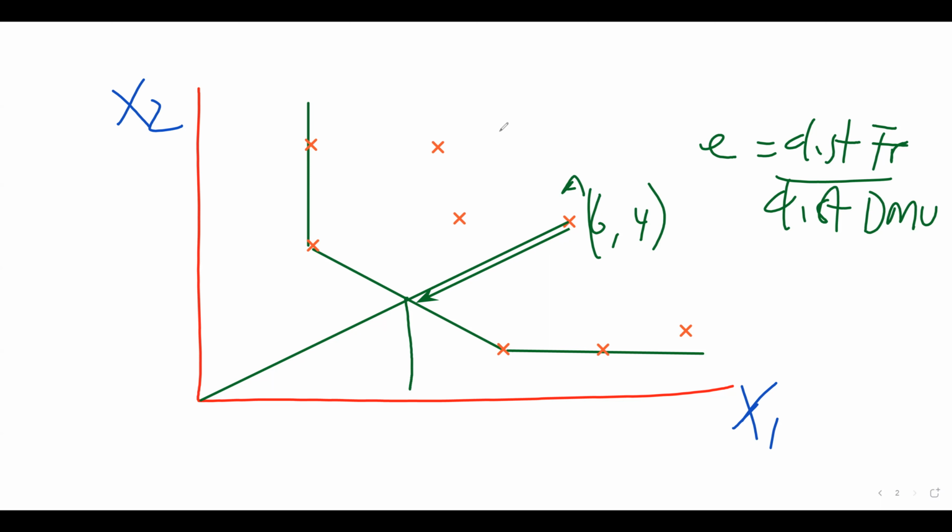You need something called theta. Theta multiplies the 6 and the 4 and brings them down until they hit the frontier. This becomes the target or the benchmark. We'll come back to that.